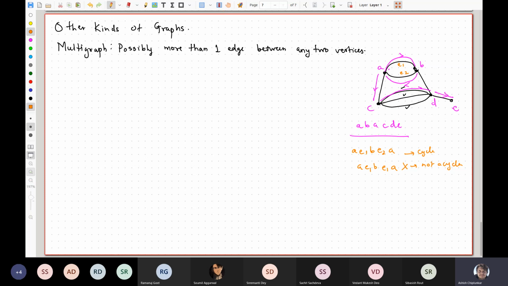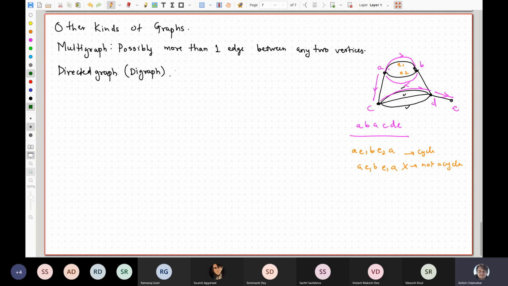Okay, so I leave this multigraph business with this less than 5-minute discussion. Another type of graph that I want to introduce you all to is something called a directed graph, also called a digraph. So what is a directed graph? Let me slightly formally define it.